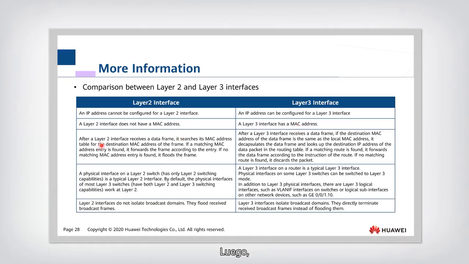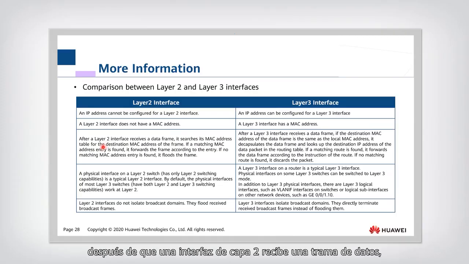And next one, after the layer 2 interface receives the data frame, they will check the MAC address table. They will check the corresponding relationship between the MAC address and the outgoing interface. So they will only search the MAC address table.